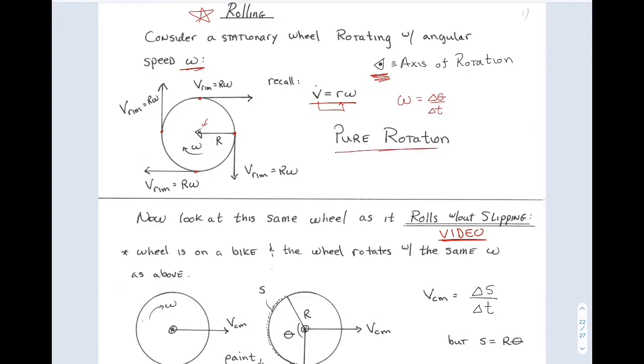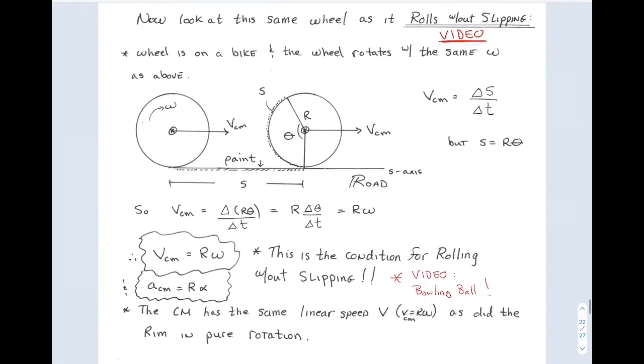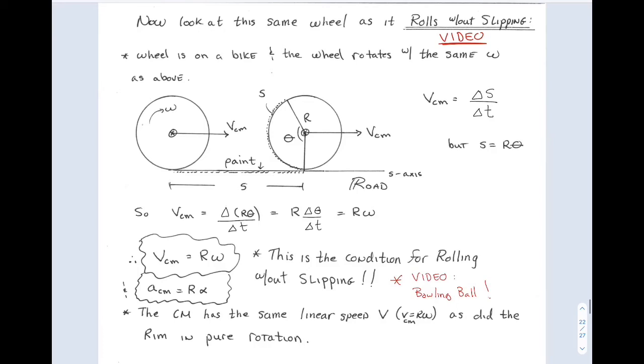So this wheel is purely rotating, and I just drew the directions of the linear velocities v at different points of the wheel. Now I'm going to take the same wheel and have it roll along the ground without slipping. I'm going to show you a video in a second of what's going on here.